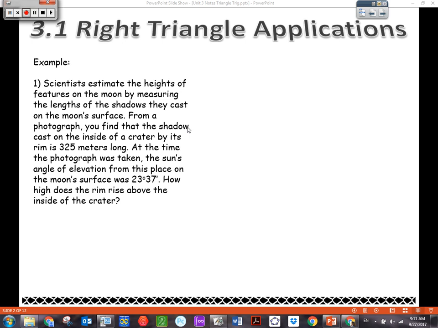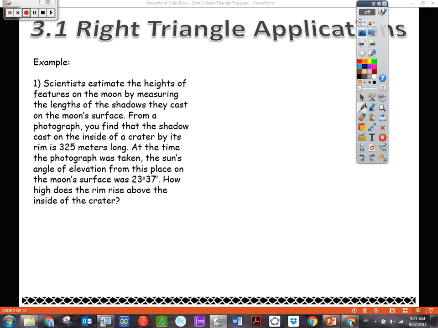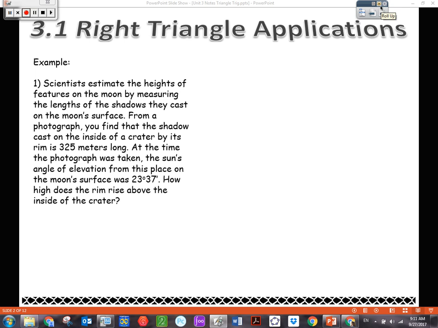We have scientists that estimate the heights of features on the moon by measuring the lengths of the shadow they cast on the moon's surface. From a photograph, you find that the shadow cast on the inside of a crater by its rim is 325 meters long. Let's pause there for just a second and draw. So we have a rim, we have its shadow, 325 meters long.